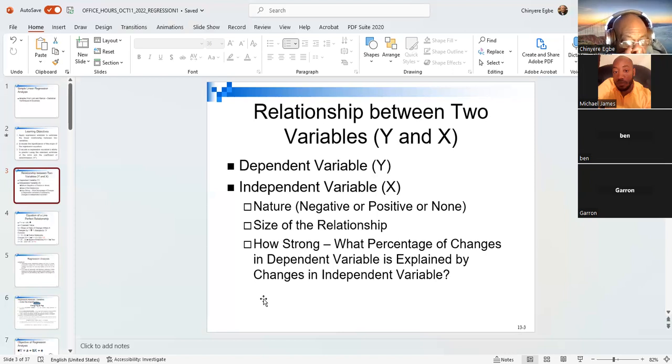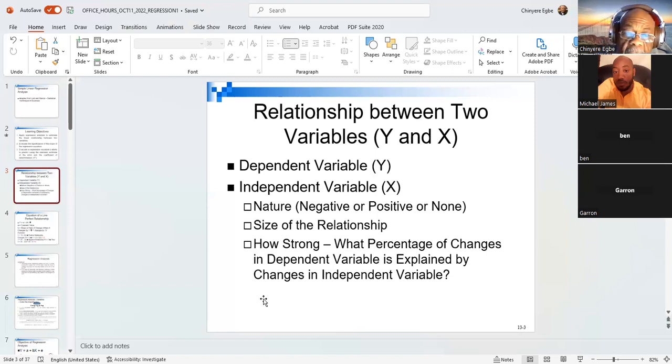So then the other thing is, how strong is the relationship? What percentage of changes in the dependent variable is explained by changes in the independent variable? For example, we raised a question earlier. The time it takes for you to go from your origin to your job is explained by, for example, the level of congestion along the road.